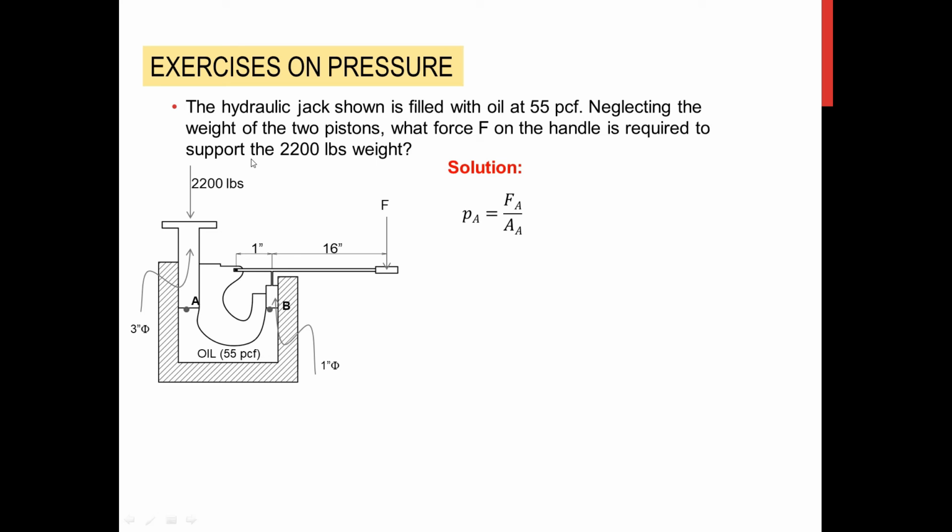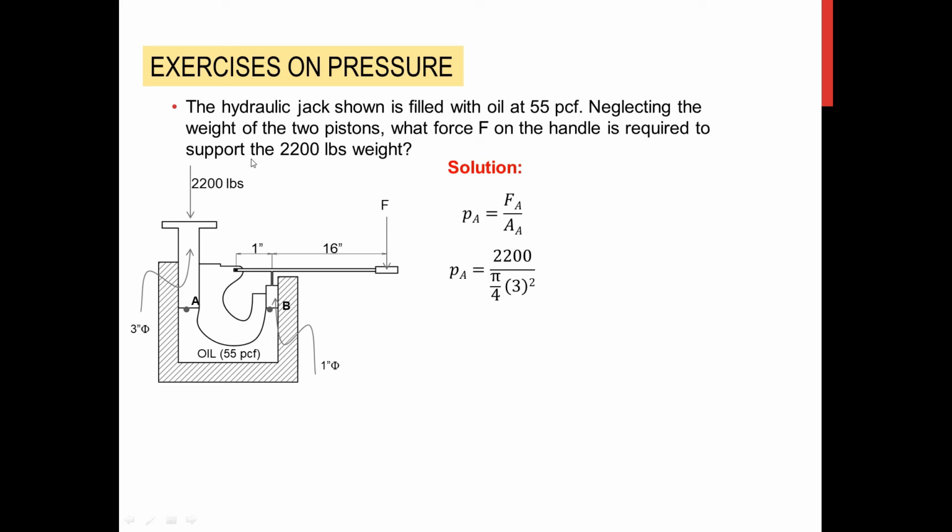Again, we write the connection formula of the pressure to that of the force. The pressure is equal to force over area. For A, we can substitute the value of 2,200 pounds.